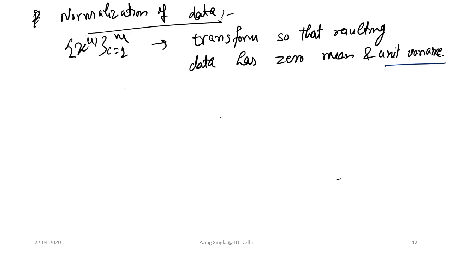For example, if one of your components is weight, which may be measured in kilograms or milligrams, and another component is, let's say, height, which may be measured in meters or centimeters, then the relative variance that we capture along each of these dimensions will depend a lot on the units used for the respective dimension, and we want to normalize the data to unit variance in each of the dimensions to have this uniformity of scale in each dimension.